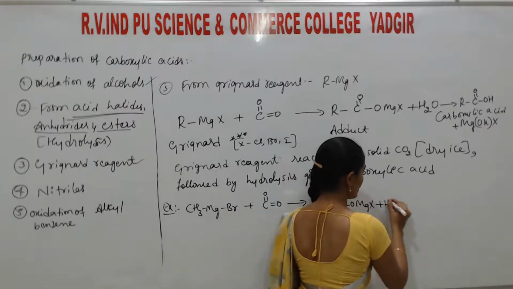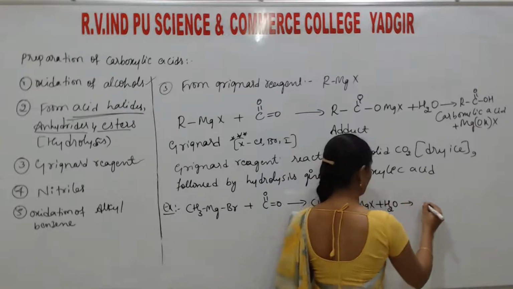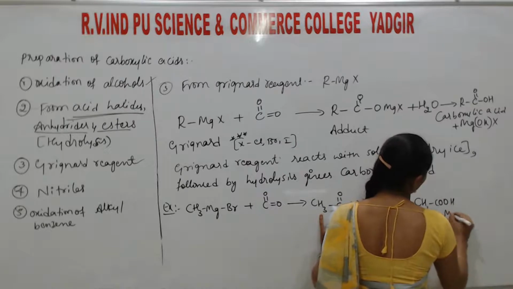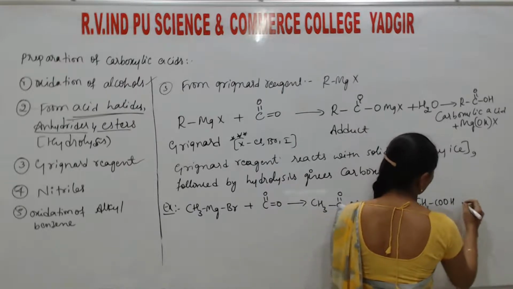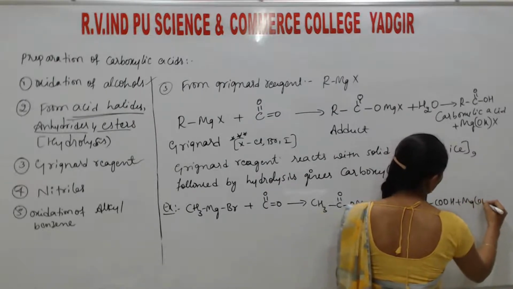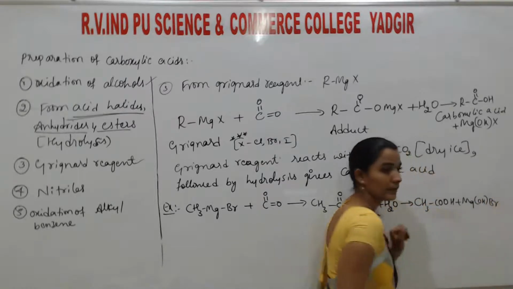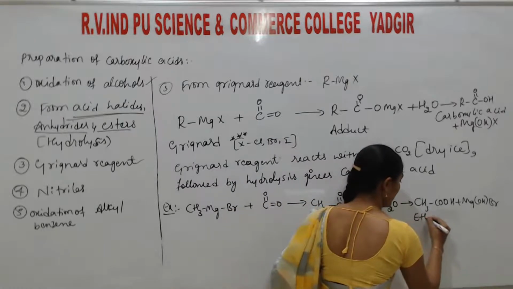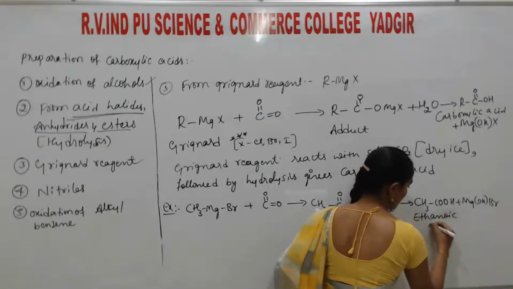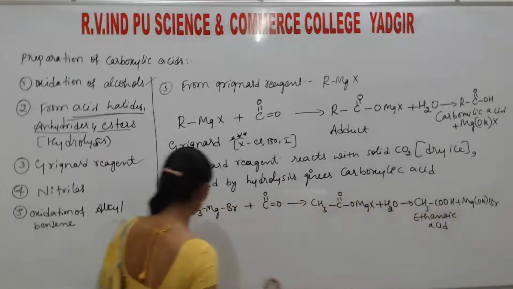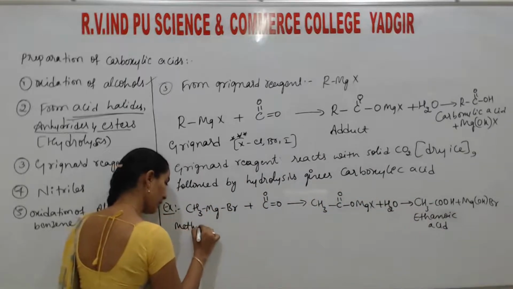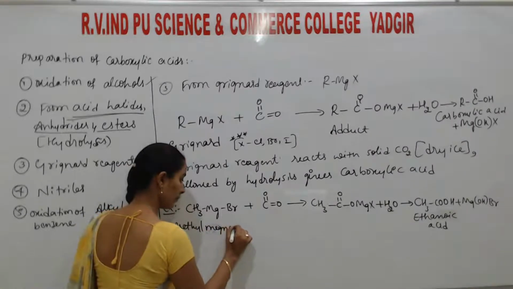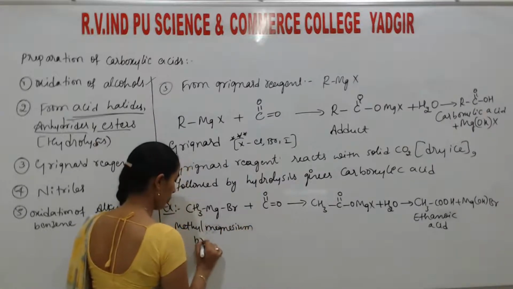Upon hydrolysis, they form CH3COOH plus Mg(OH)Br. This one is ethanoic acid, and this is methyl magnesium bromide.